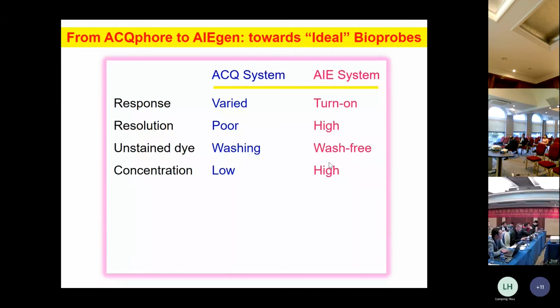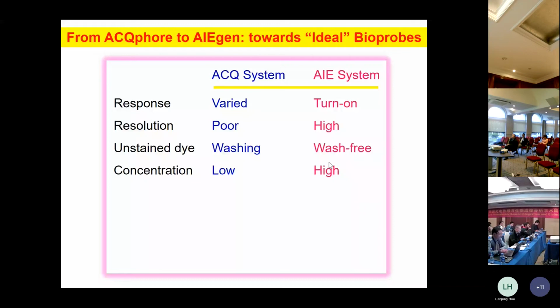And for the AIE system, we can use a very high concentration. Just imagine what happens. There's a cancer cell here, and if we make our AIEgen positively charged, the electrostatic interaction will attract our AIEgen into the cancer cell, because inside the cancer cell, the mitochondrial membrane potential is very negative. So if you incubate for some time, more and more AIEgens will enter the cancer cell. First of all, that will make the cancer cell very, very emissive.